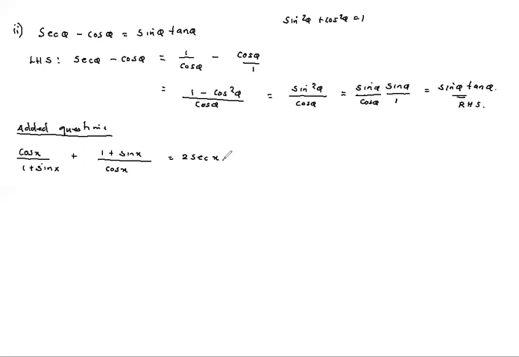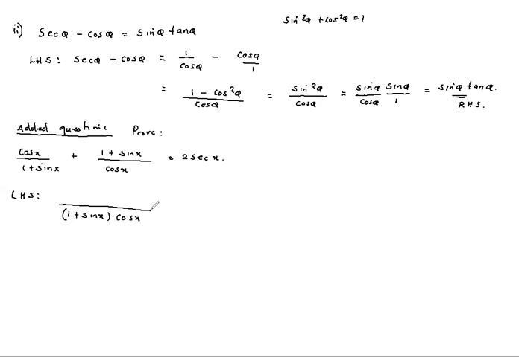So to prove this, you start with the left hand side again. So the question was prove. So you say 1 plus sine x multiplied by cos x as the common denominator here.